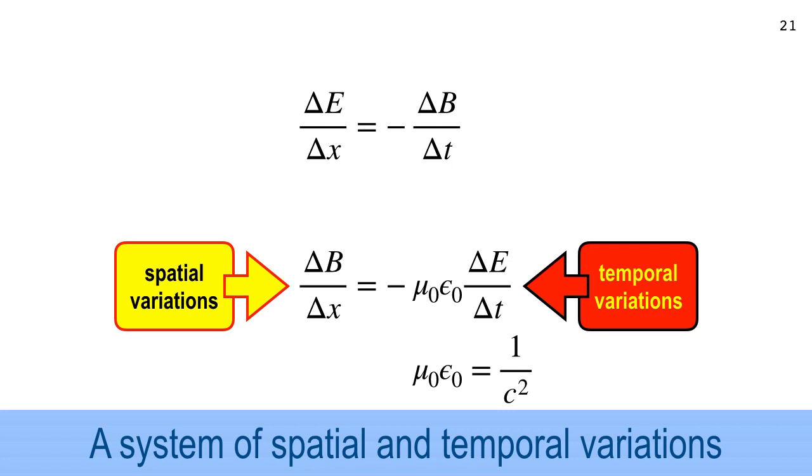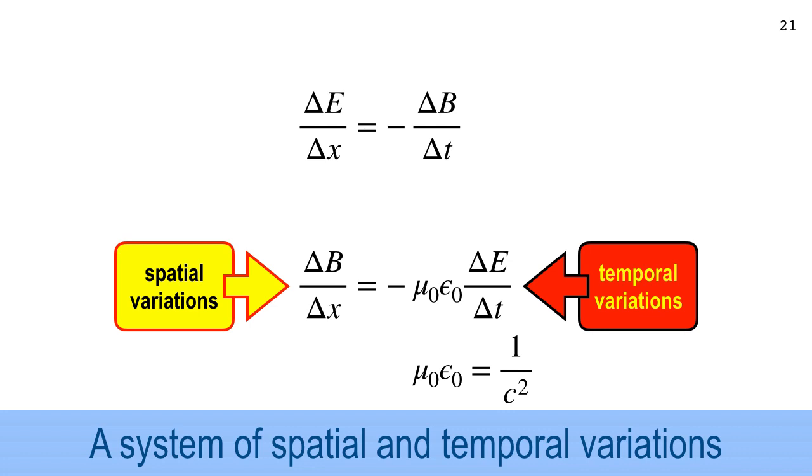So whenever you see some kind of delta something over delta x, now these two equations are coupled. Make a note of that. These two equations are coupled. They both involve E, they both involve B. So if one of them changes, the second equation is going to change.